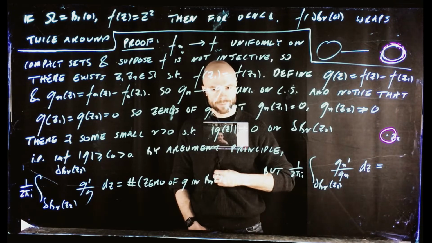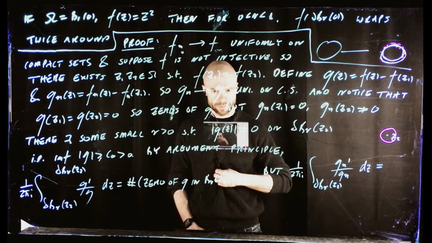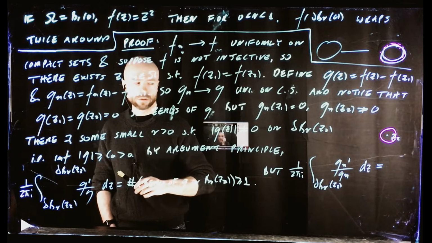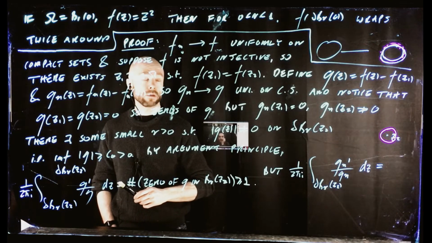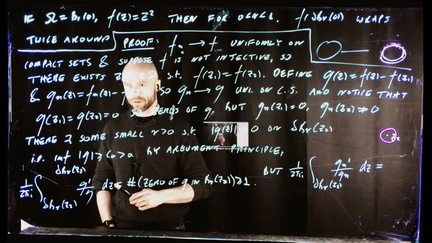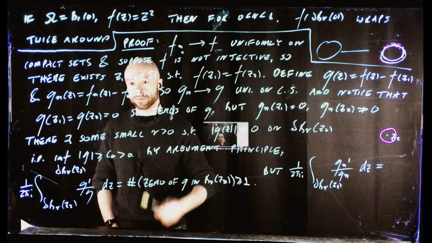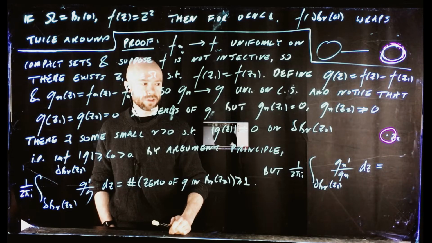Why? Just gn is injective. Yeah. So there's no other point. fn is injective, and therefore gn has no zeros at z2 by the way we've constructed it. The only thing that's a 0.